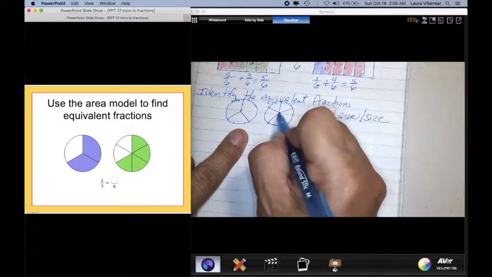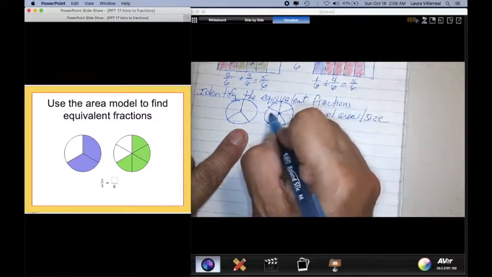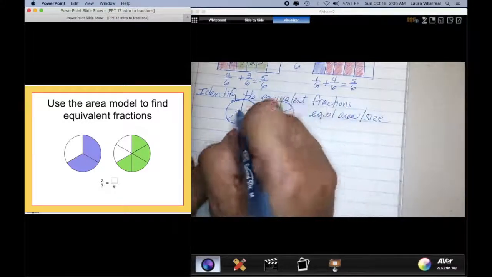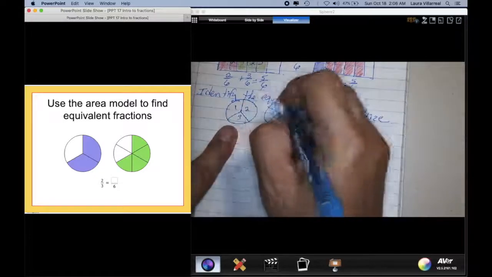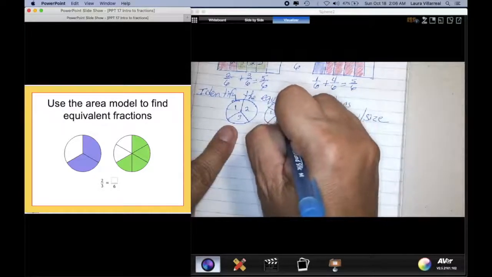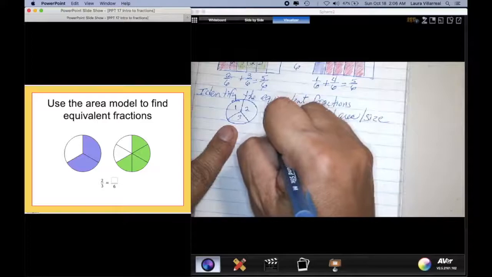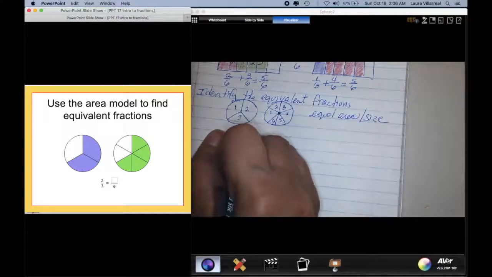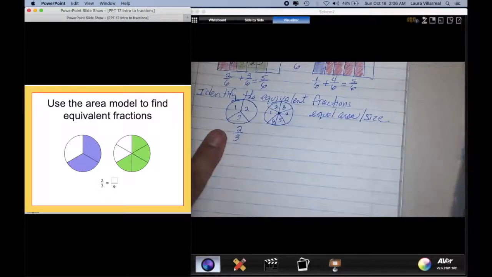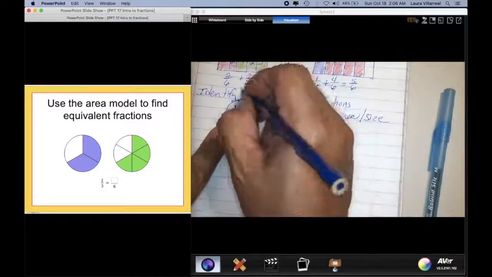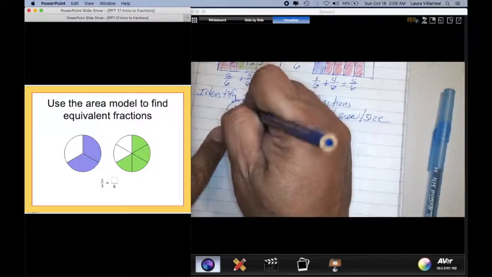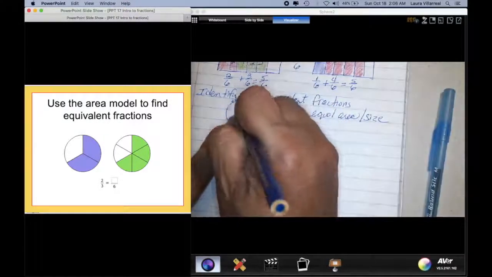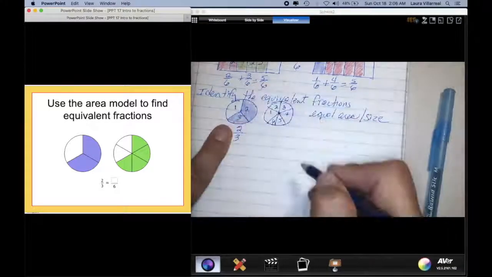One, two, three, four. I need one more. One, two, three, four, five, six. So let's count them. One, two, three, four, five, six. And in the first one, they shaded 2 out of 3. Okay.